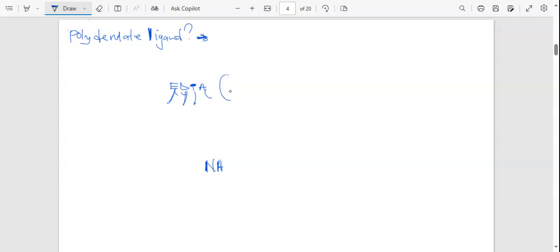So this is ethyl, all right, ethylenediamine. So amine, when it is alone, is called amine like that. So diamine, so amine two there, all right. Ethylenediamine tetra, tetraacetate, all right.